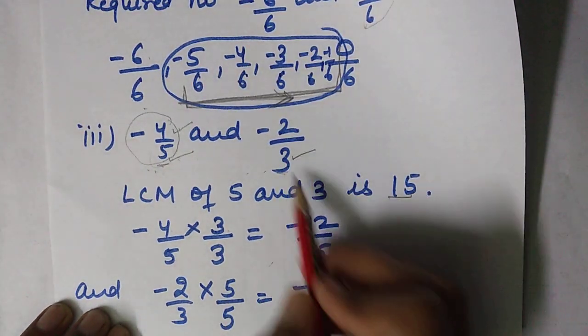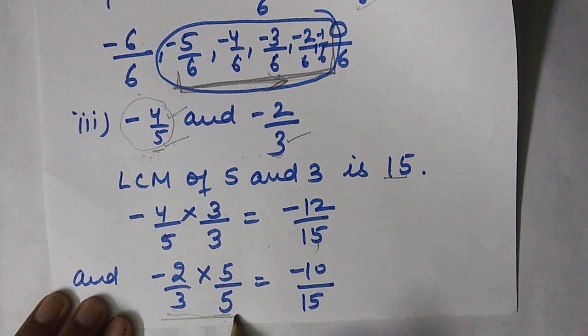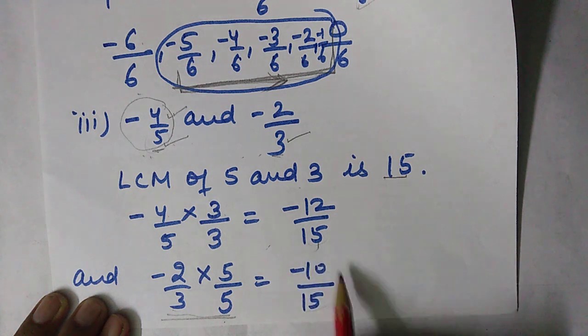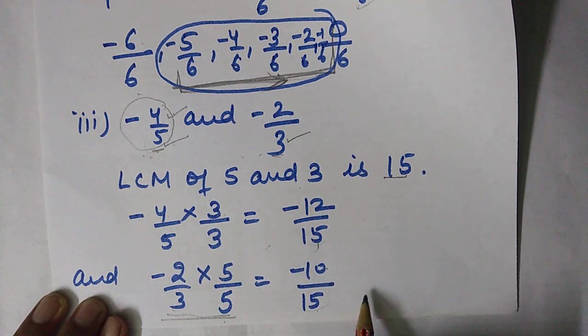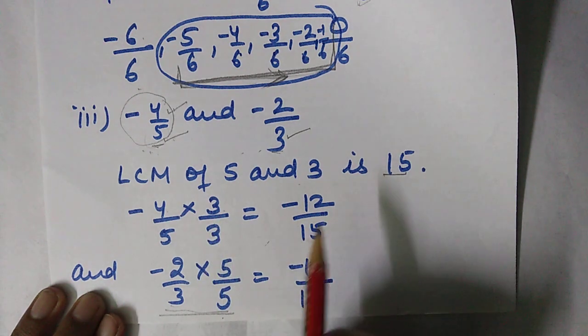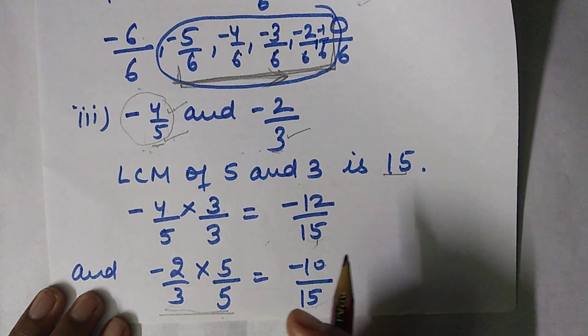And same with the second fraction. How will you make the denominator 15? For that I have to multiply with 5. So it will be minus 10 over 15. Now next step, as you have to find 5 rational numbers, you have to take one more than 5, that is 6.